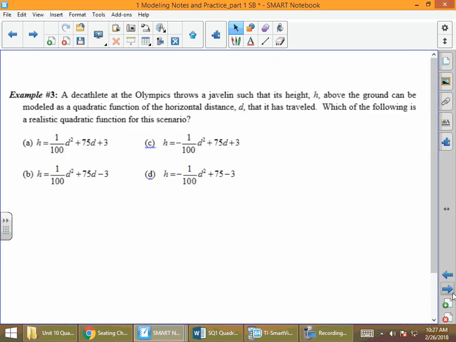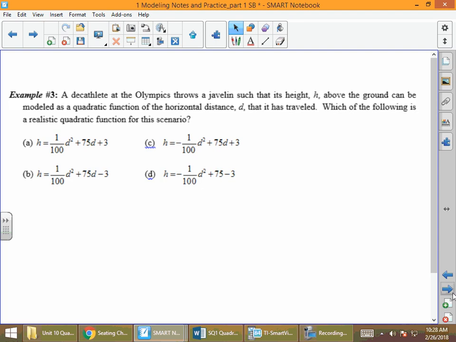Next problem: a decathlete at the Olympics throws a javelin such that its height, h, above the ground can be modeled as a quadratic function of the horizontal distance d that is traveled. Which of the following is a realistic quadratic function for this scenario? Well, first things first, when it's a multiple choice question, can we eliminate any of these answers?